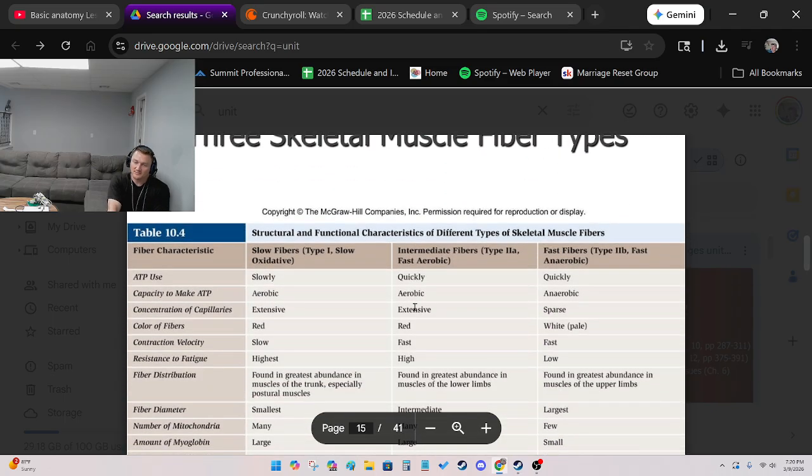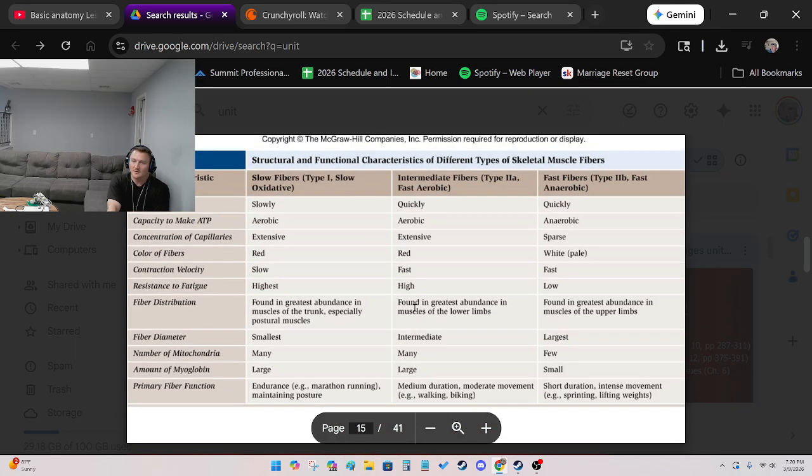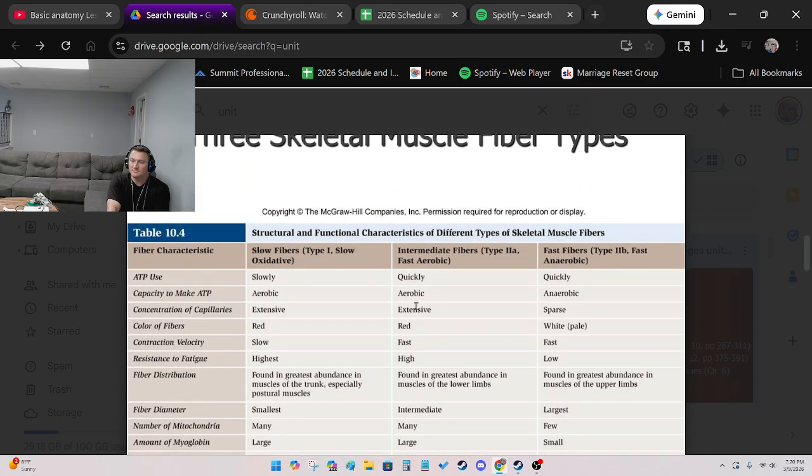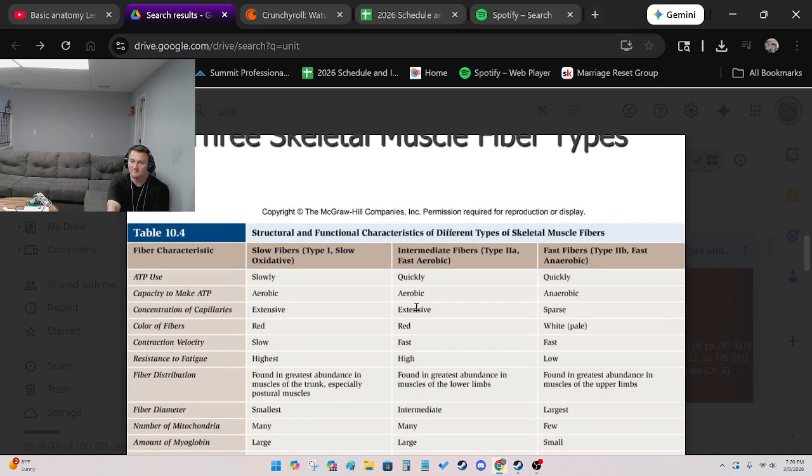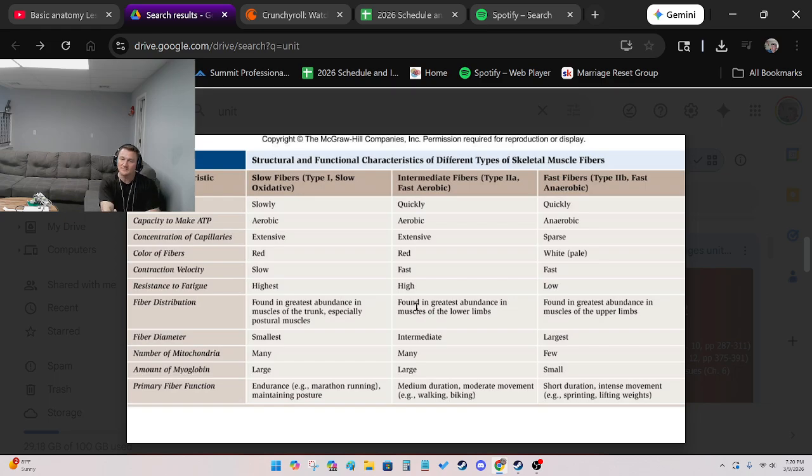Through these muscle contractions. Okay, got another kind of table here, the different muscular fiber types. Slow fibers, intermediate fibers, and fast fibers, which they have type 1 muscle, type 2 muscle.